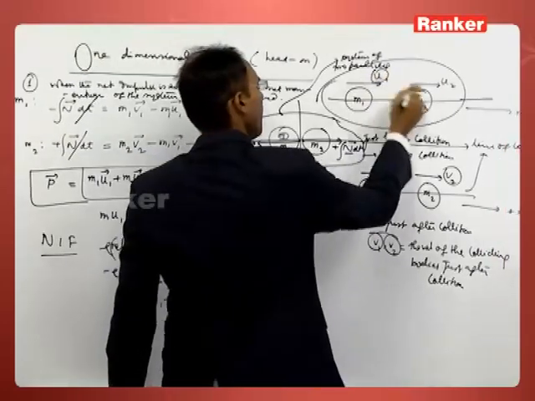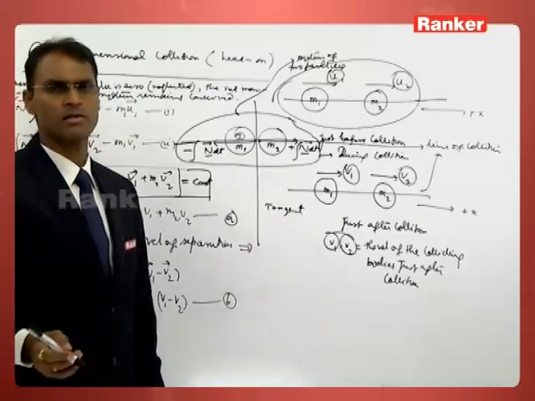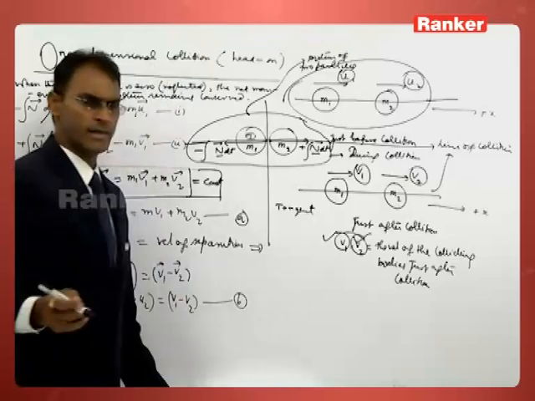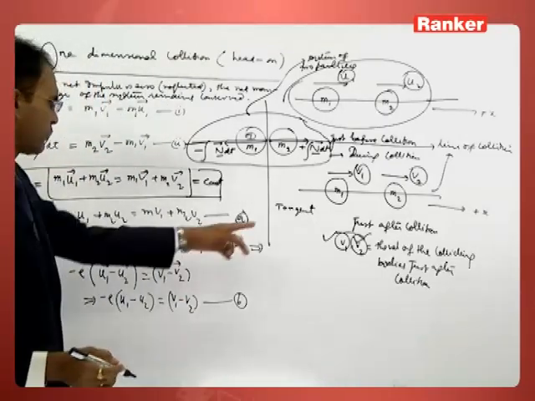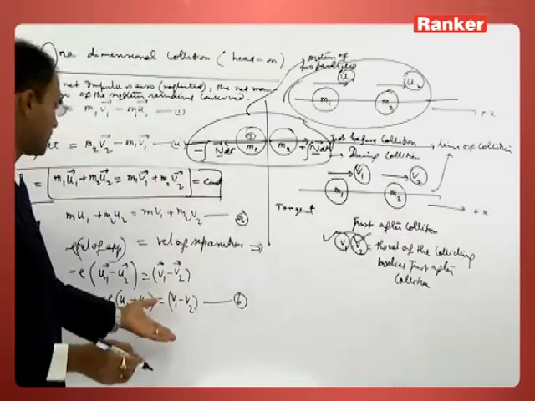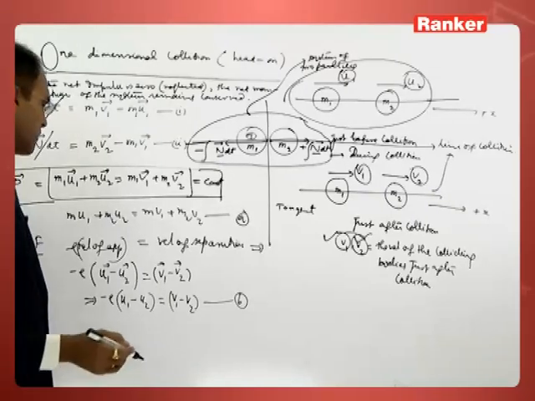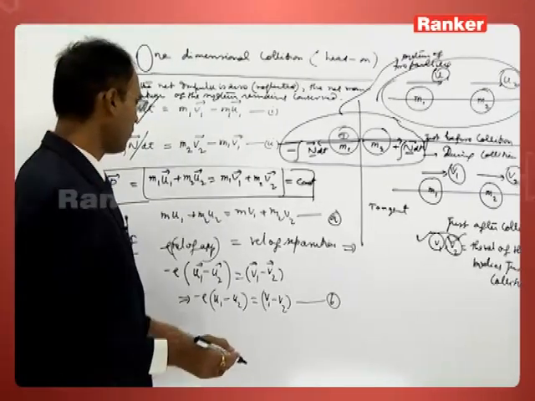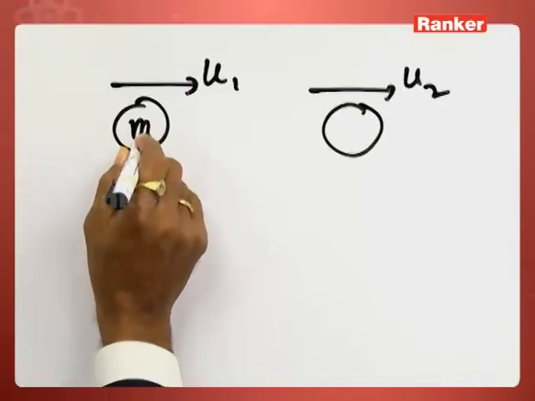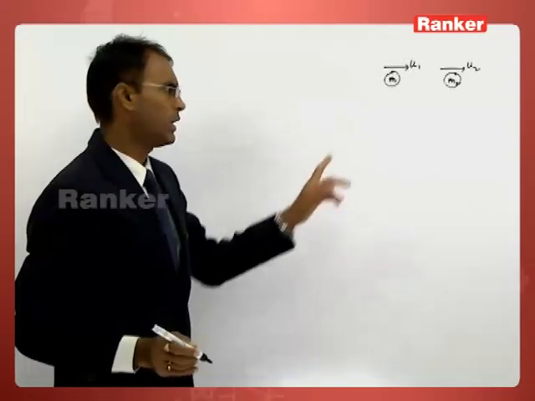U1 and U2 are the velocities of the colliding bodies just before the collision. These two are to be calculated. So, we have two unknown quantities, V1 and V2, and we have two equations, and we just have to solve these two equations. I will tell you how to solve. Let us redraw the diagrams.